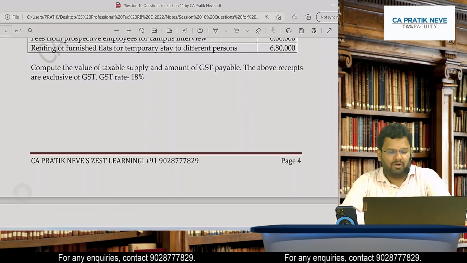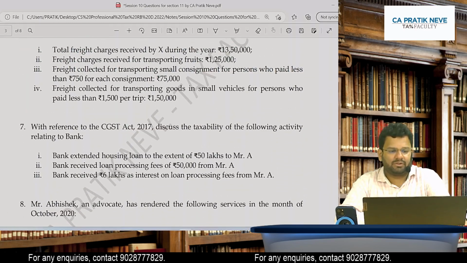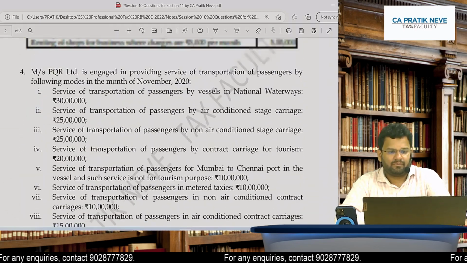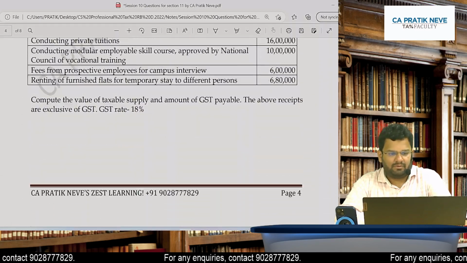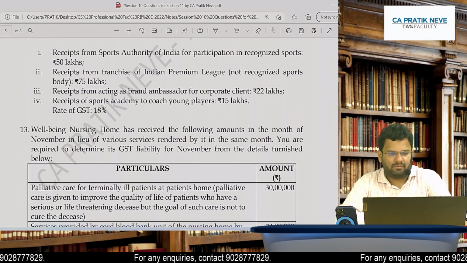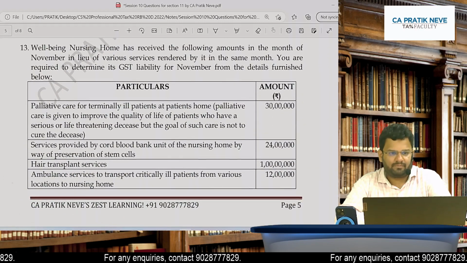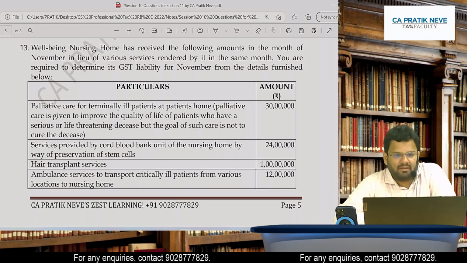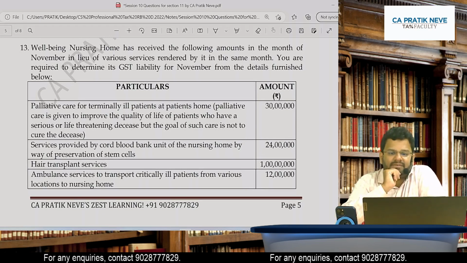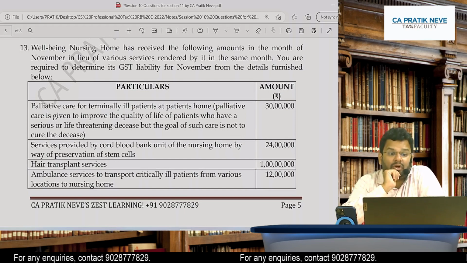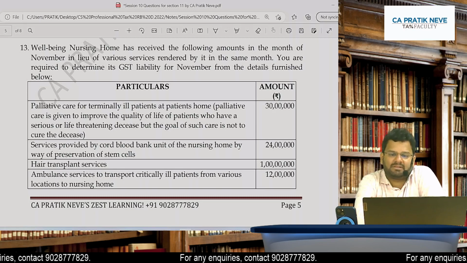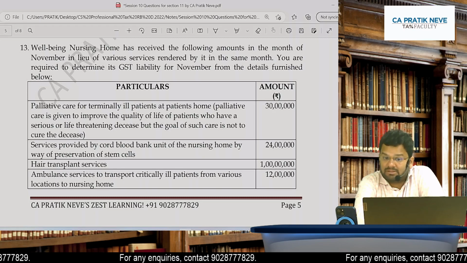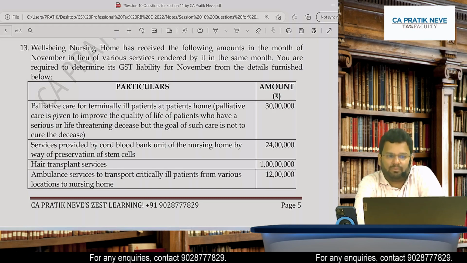Check. Go to the example related to this. This 13th question: Well-being nursing home has received the following amounts in the month of November in lieu of various services rendered by it in the same month. You are required to determine its GST liability for November from the details furnished below.